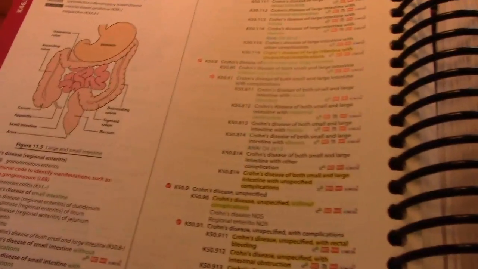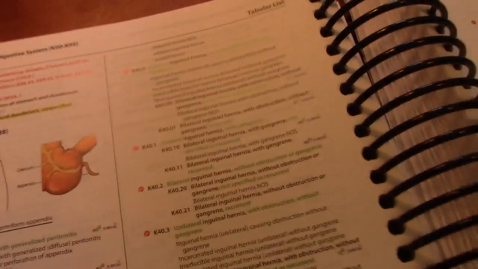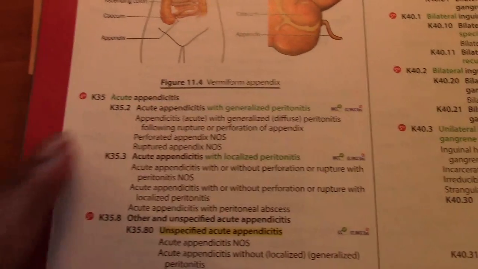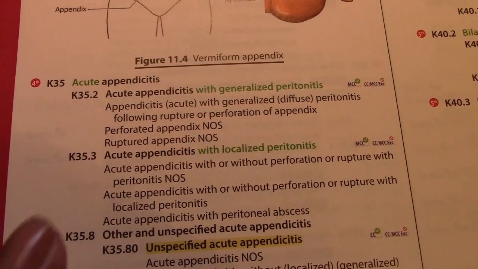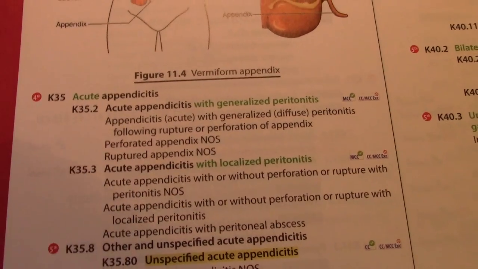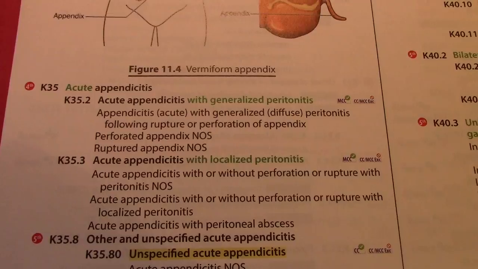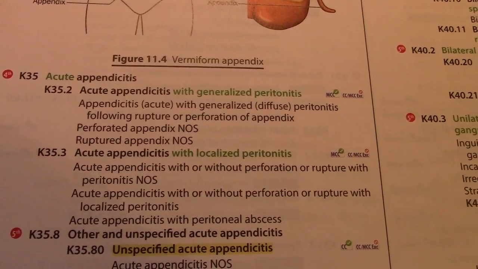Now looking at K35. K35 says acute appendicitis, but notice it expands to K35.2, acute appendicitis with generalized peritonitis.